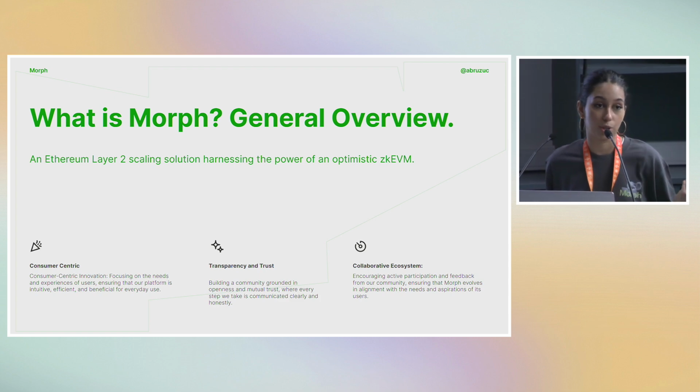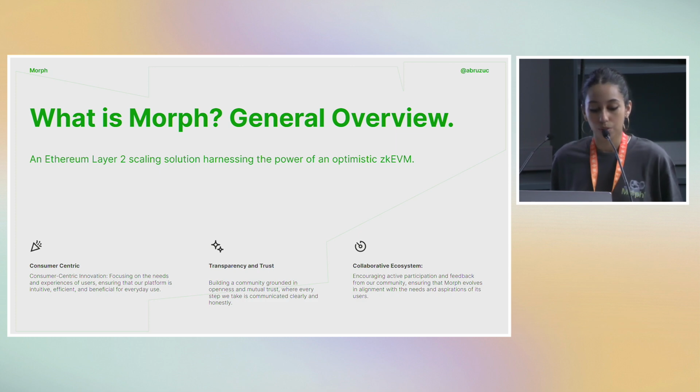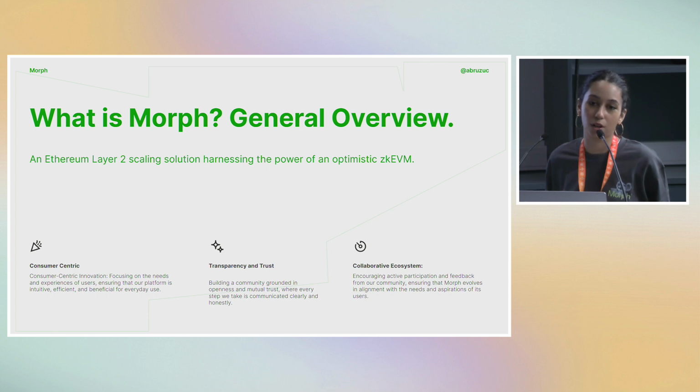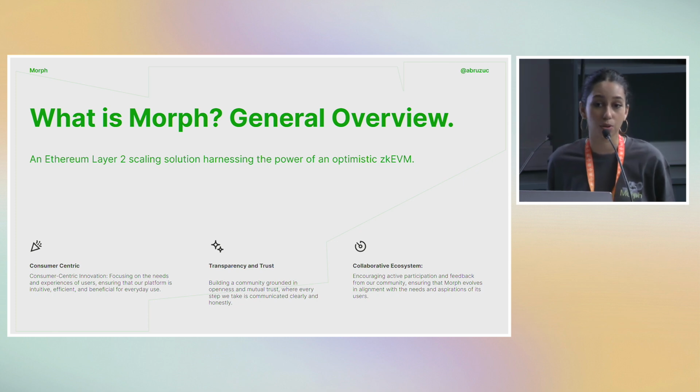We actually have a track in this hackathon for consumer-centric applications. We also have a very collaborative ecosystem, and we are giving a lot of different initiatives for our long-term builders, especially at this stage because we are in testnet, Holesky. We launch in January. So, let's get started to review the technical overview.